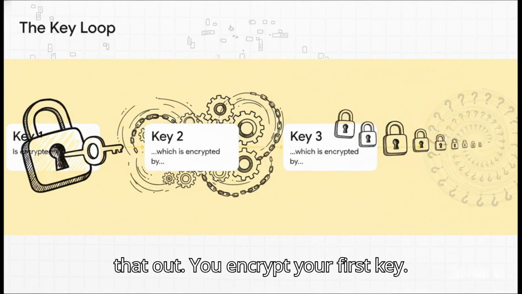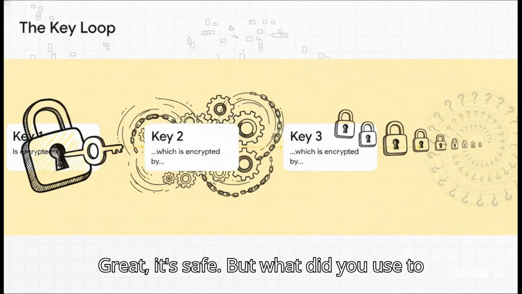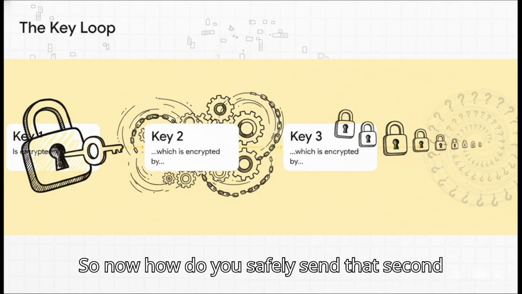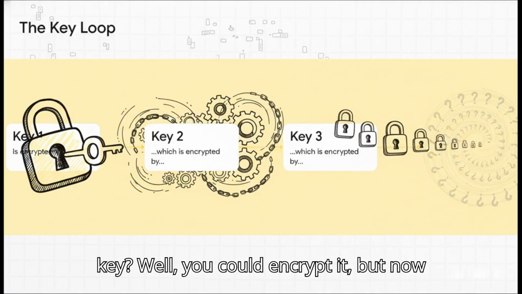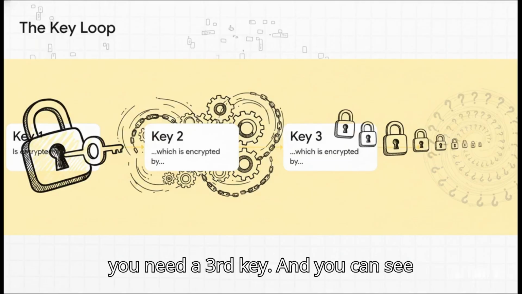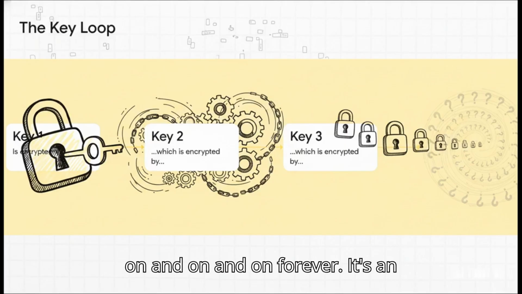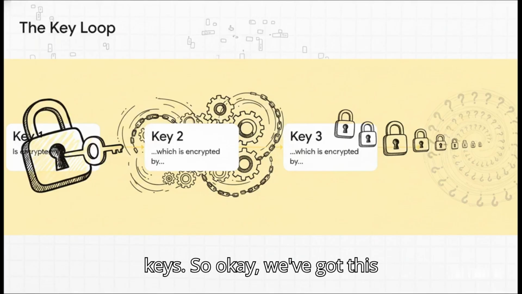You encrypt your first key. Great, it's safe. But what did you use to encrypt it? You had to use a second key. So now, how do you safely send that second key? Well, you could encrypt it, but now you need a third key. And you can see where this is going, right? It just goes on and on and on forever. It's an infinite spiral of keys needing other keys.